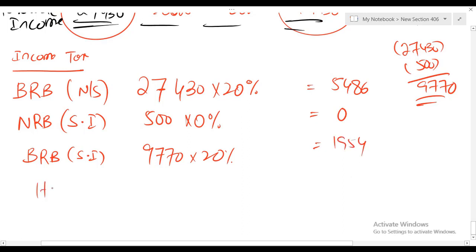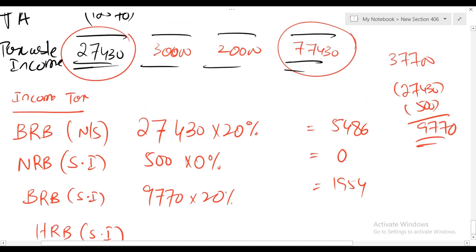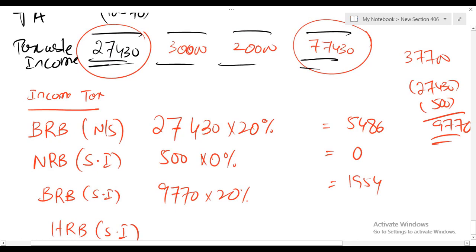Now I'll move to high rate band, saving income. Now please again listen carefully. The amount of saving income is 30,000. From this 30, I have 500, which falls in nil rate band, and 9,770, which falls in basic rate band. So from this 30, let me deduct 500, deduct 9,770.